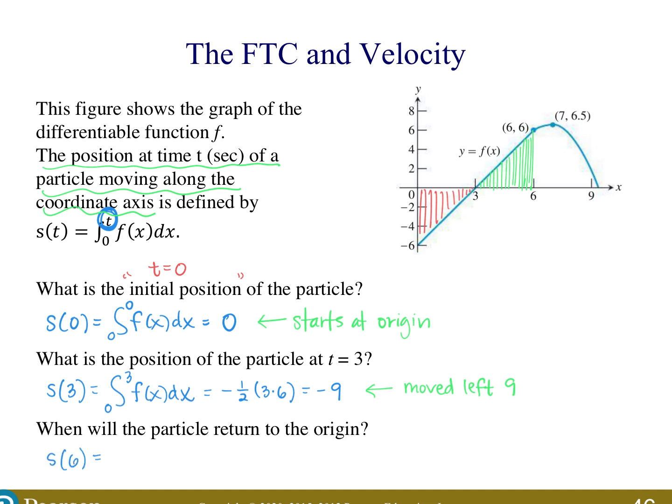Because S of 6 will be the 0 to 3 combined with 3 to 6, which will be -9 plus +9, which is back to the origin again. So I've returned.